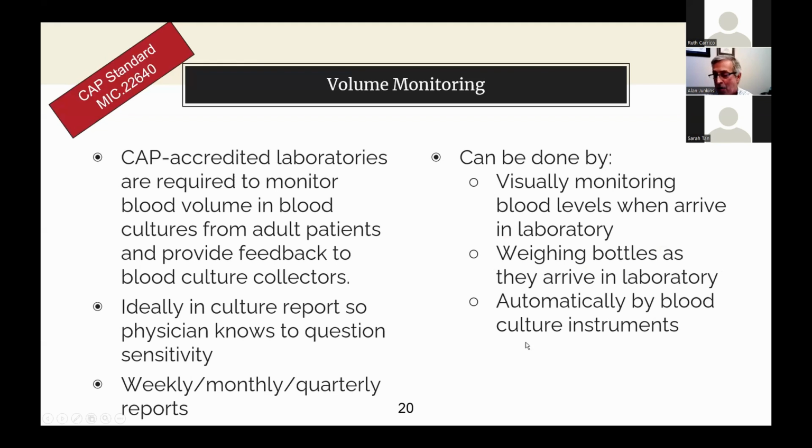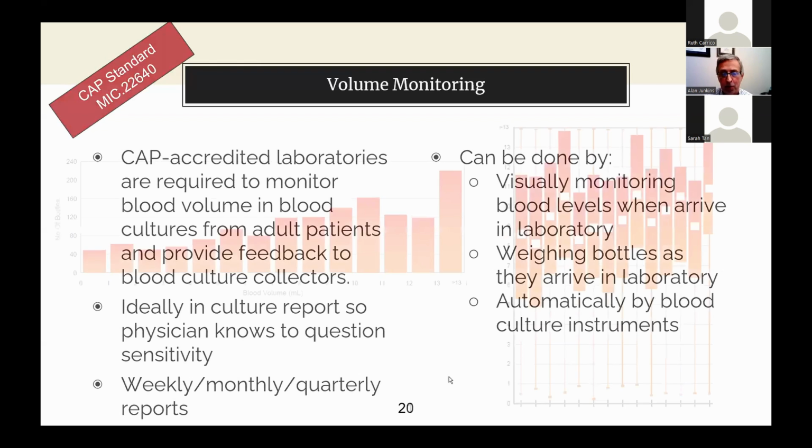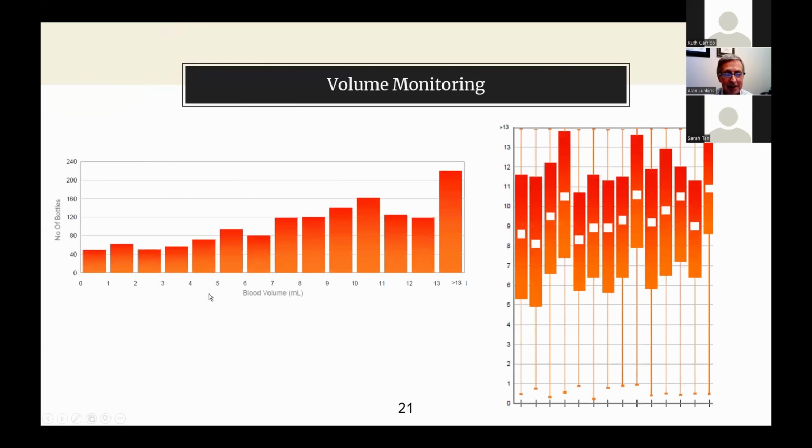But now most of the machines will do automatic monitoring of blood culture volume, which allows us to produce reports such as this. This is a histogram that we can produce on our BACTEC machine, which can be done by unit or by phlebotomist, which shows you exactly how much blood volume was put into bottles from 0 mils up to greater than 13 mils.